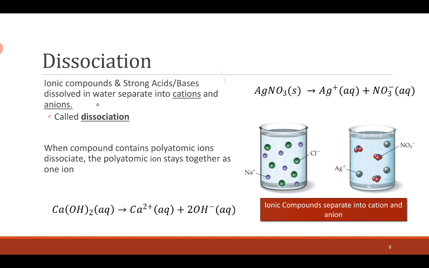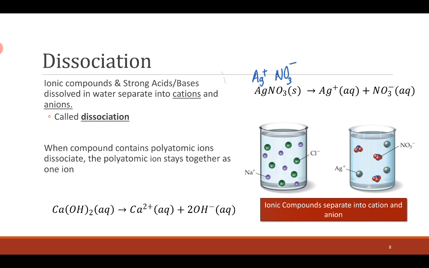So when ionic compounds, strong acids, and bases dissolve in solution and become aqueous, they actually separate into separate cations and anions. And so if you started with solid silver nitrate, for instance, this is composed of silver plus cations and nitrate 1 minus anions.